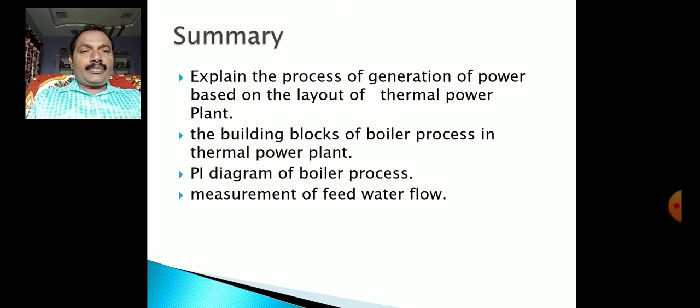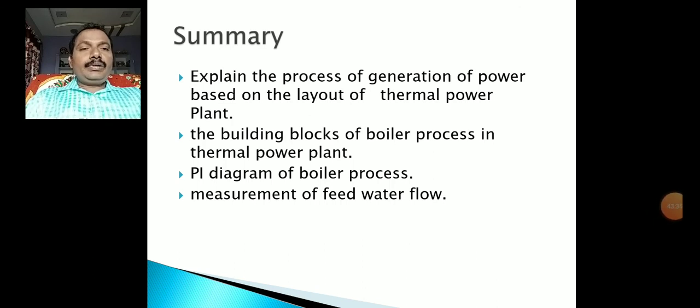In that, in the furnace the water tubes are placed so that the hot gases pass over the water tubes and the heat is transferred to the water, and this water is being circulated in the boiler drum and through pipes. Continuously it will circulate so that the steam is produced by boiling the water.